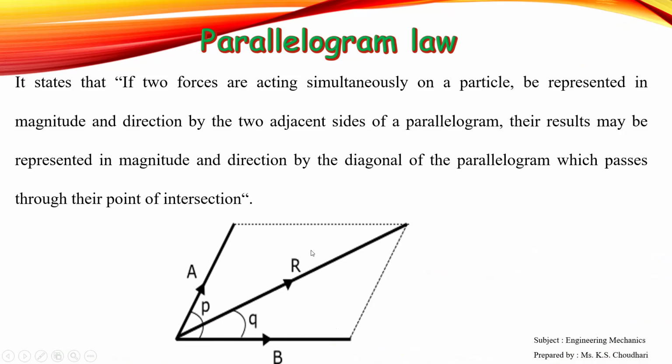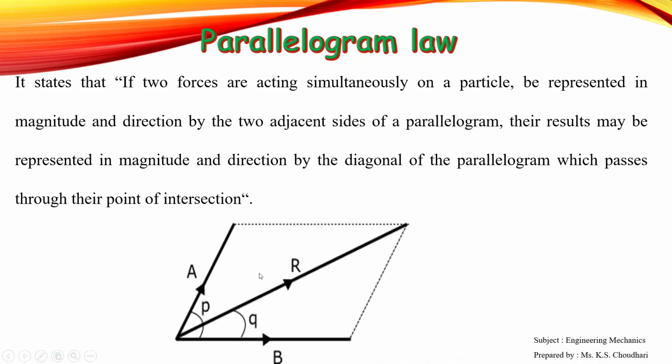Okay, now what this law says: if two forces, number one and number two, these forces are the adjacent sides of a parallelogram. Adjacent sides means what? This and this, not this and this. Okay. This and this means this forms a concurrent force system. Okay. And it has magnitude and it has direction also.